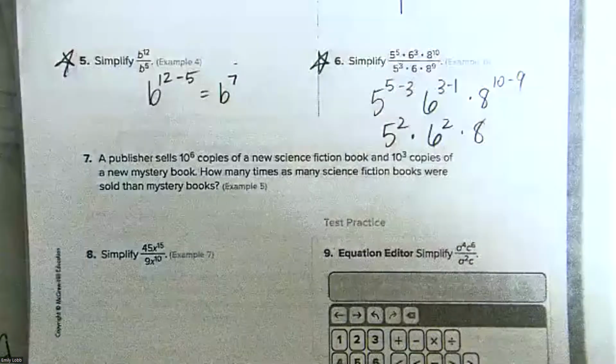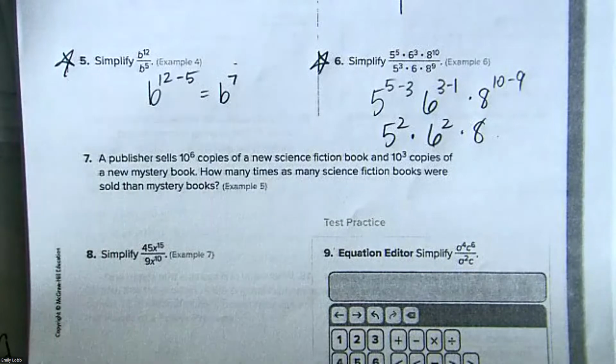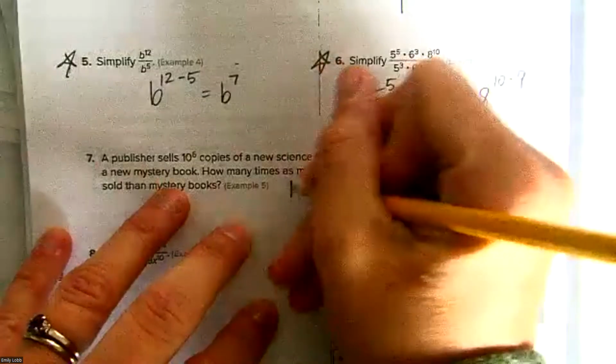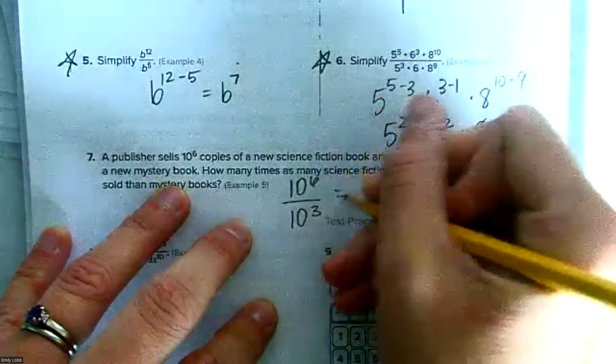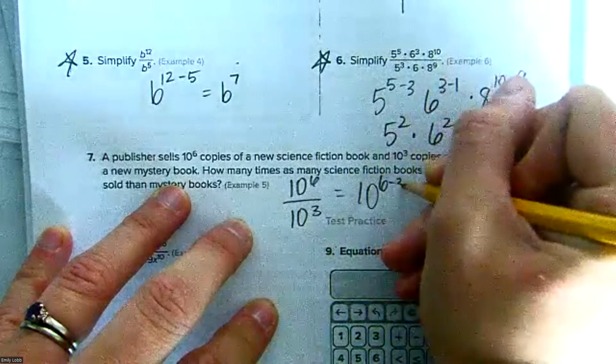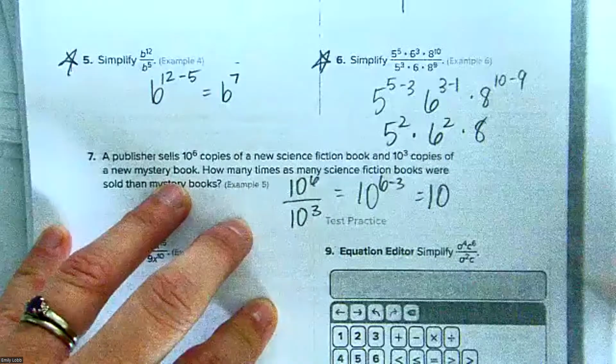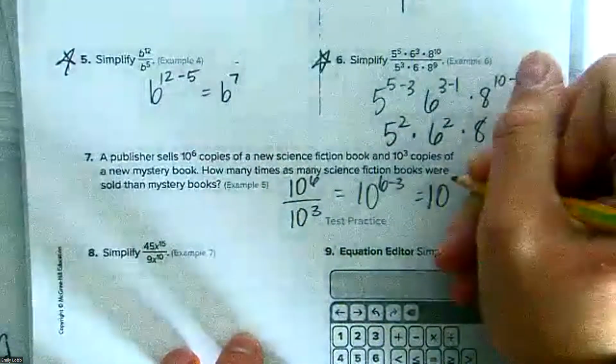So we should be able to do that by saying 10 to the 6th divided by 10 to the 3rd, which is equal to 10 to the 6 minus 3 equals 10 to what power? 3. Power of 3. Good. All right.